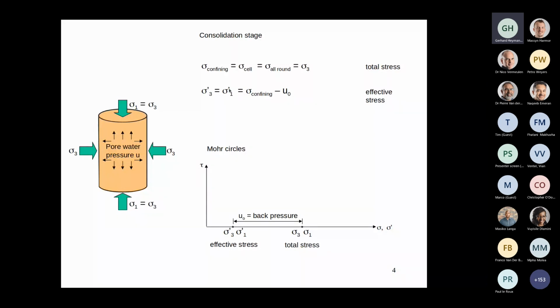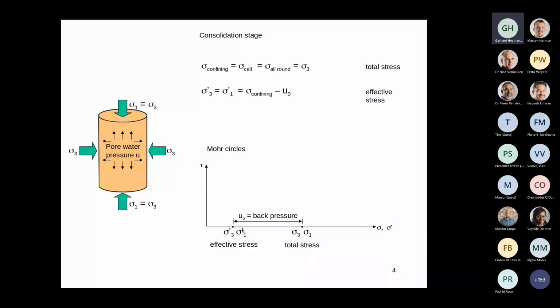Effective stress would be the confining stress minus the initial pore water pressure, which means that we are subtracting the same value, because sigma 1 acts the same in both the vertical and horizontal direction from both sigma 1 total and sigma 3 total, meaning that our effective stress Mohr circle plots over there if it's a positive pore water pressure. So the Mohr circle is still a point because sigma 1 effective and sigma 3 effective are the same, it plots as a point. So you'll see that pore pressure has no effect on the size of the Mohr circle.